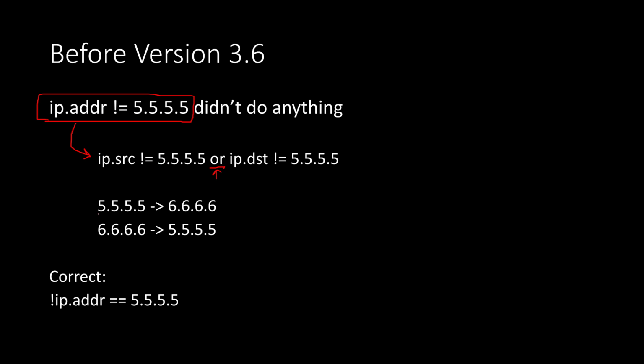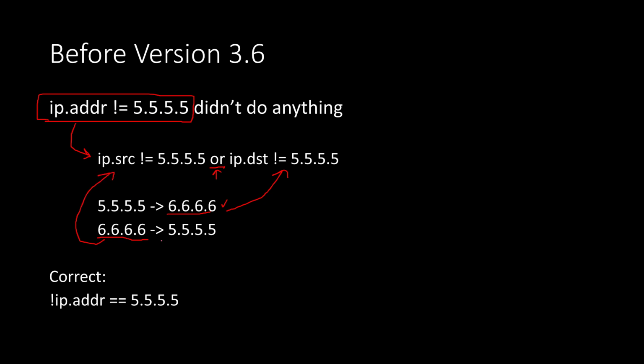So if I saw traffic going from 5.5.5.5 to 6.6.6.6, this would show up. I would see it because the destination is not 5.5.5.5. It would match one side of my filter. If the traffic was going in the opposite direction from 6.6.6.6, it would show up because the source is not 5.5.5.5.